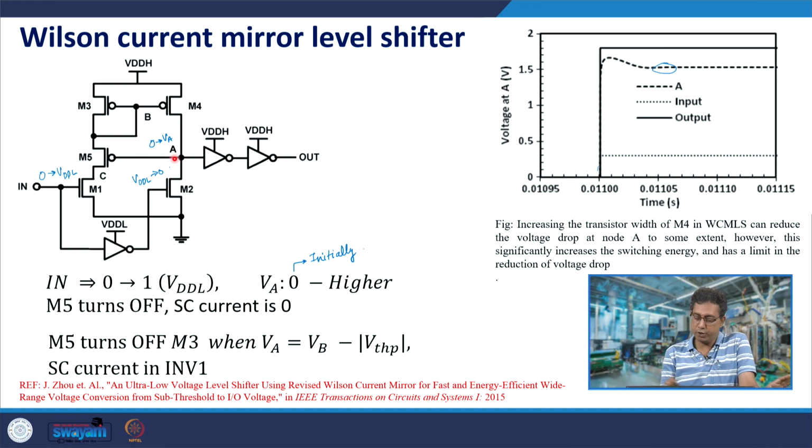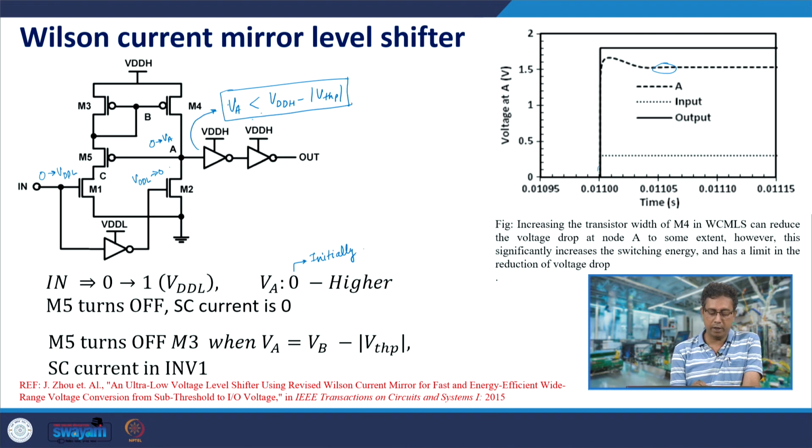What one must ensure is that this VA should be greater than VDDH minus magnitude VTHP. This condition ensures that the P MOSFET of inverter INV1 is in the off state.